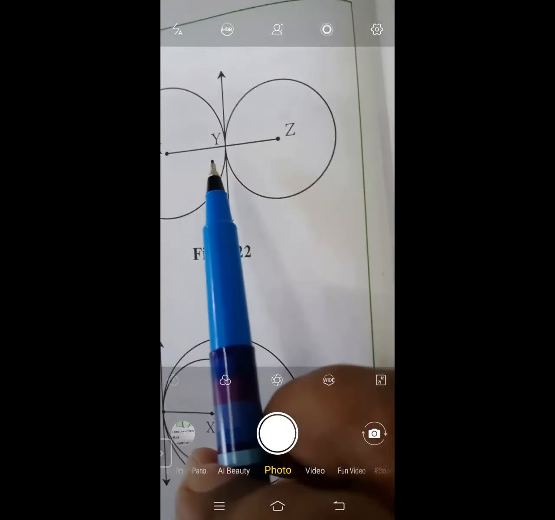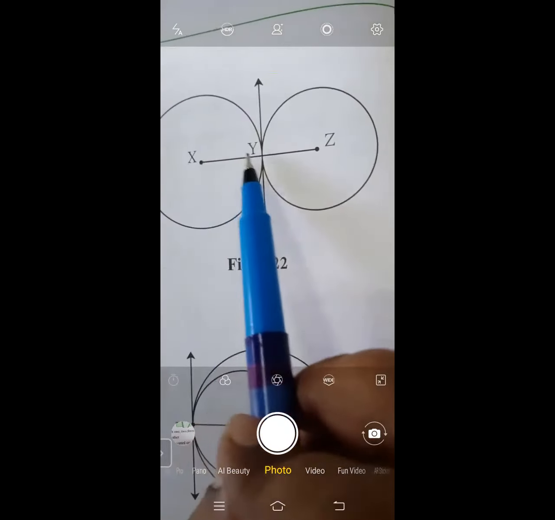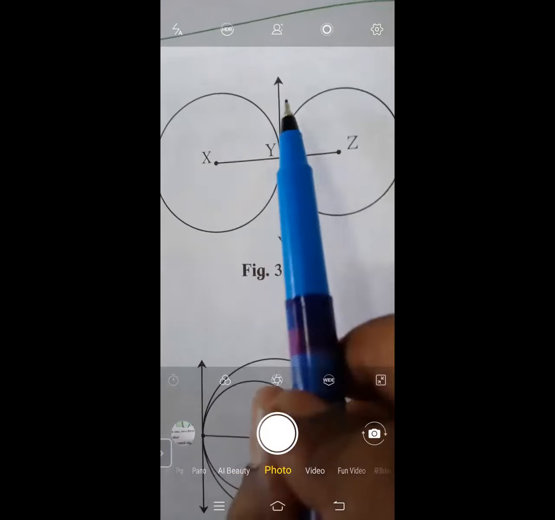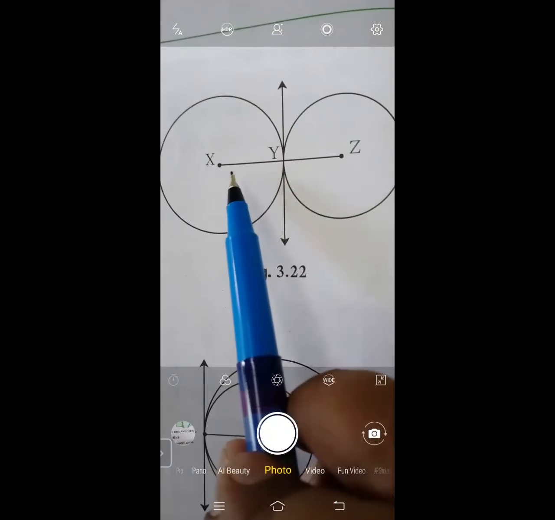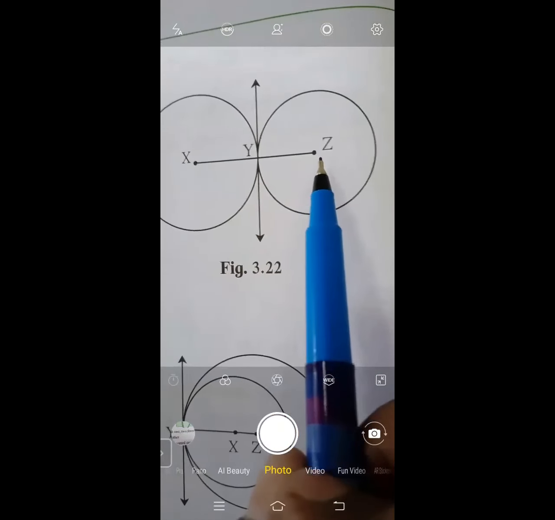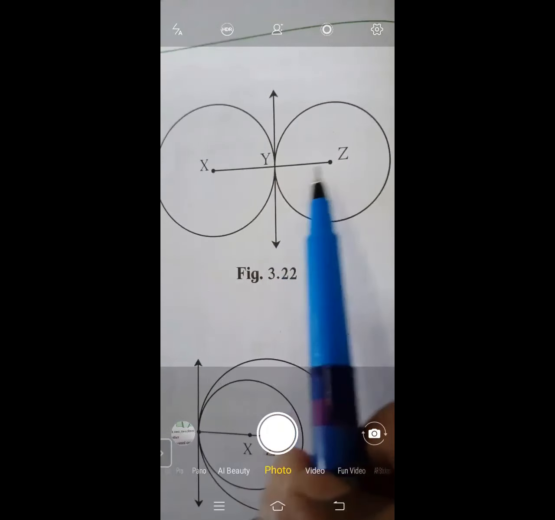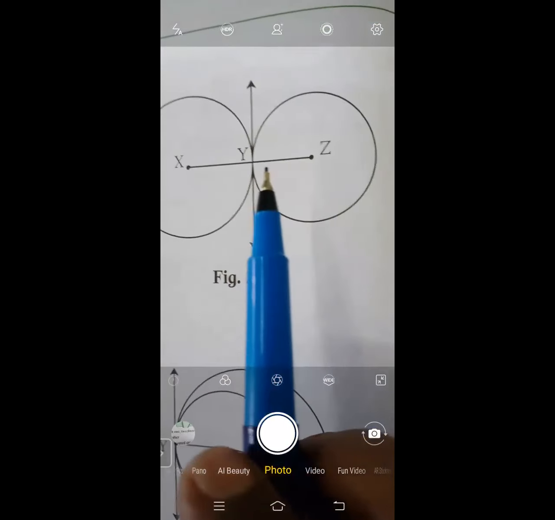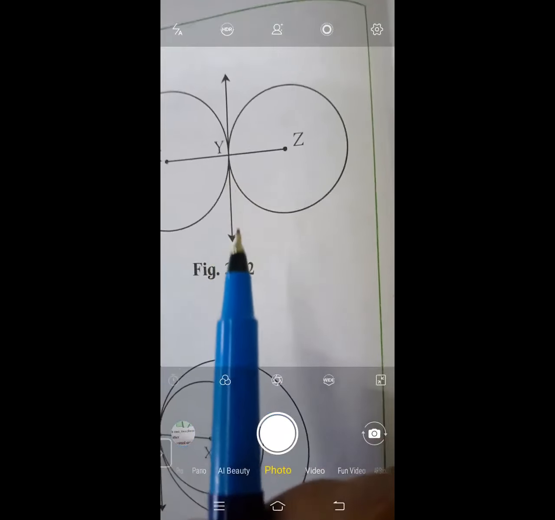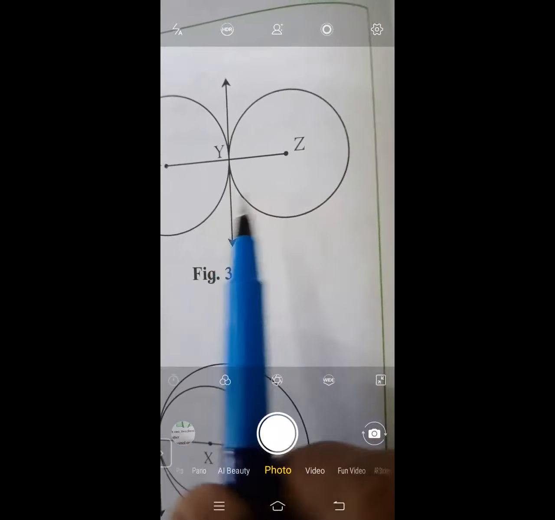As we know, a line which touches a circle in a single point is called a tangent. So this line becomes the tangent to the circle with center x as well as to the circle with radius yz or zy. Note that this line is a common tangent to the two circles.